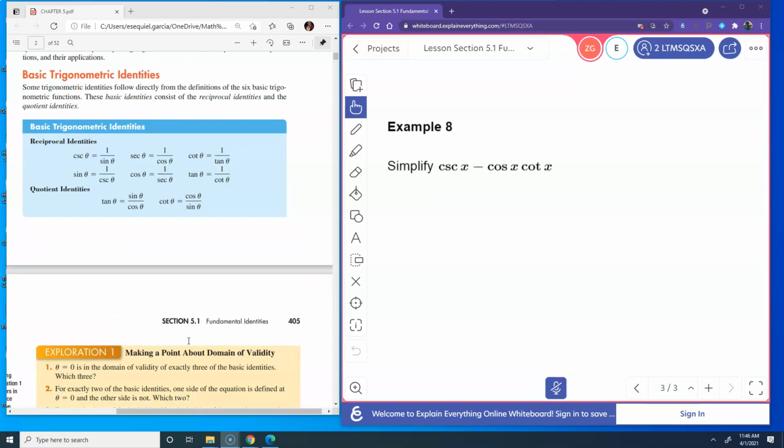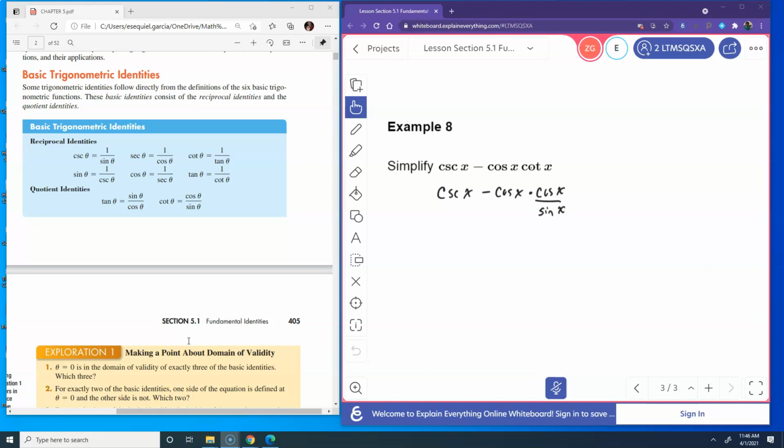So we're going to simplify cosecant x minus cosine x cotangent x. So I have cosecant x minus cosine of x times cotangent of x. Cotangent of x is actually going to be cosine of x over sine of x.